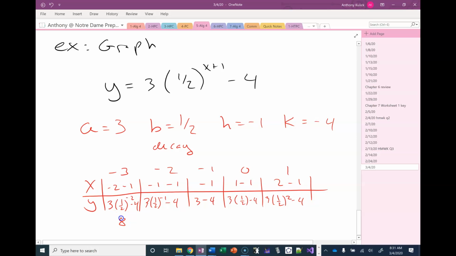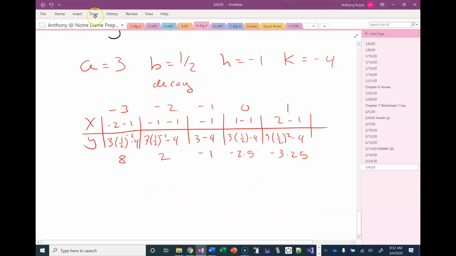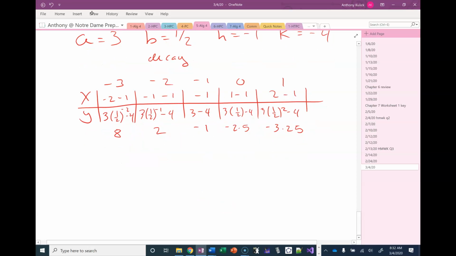So let's see what I do with that. 8, 2, -1, -2.5, and -3.25. Again, if you need to evaluate those using your calculator, just use your calculator, no big deal. I know probably most of us aren't comfortable enough dealing with the mental math on the negative exponent to do that in your head. That's okay. Just type into your calculator exactly as it's written on your sheet of paper. Don't need to trouble yourself with that.